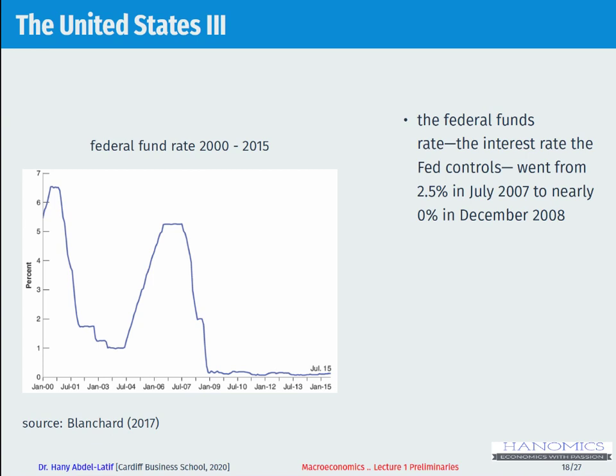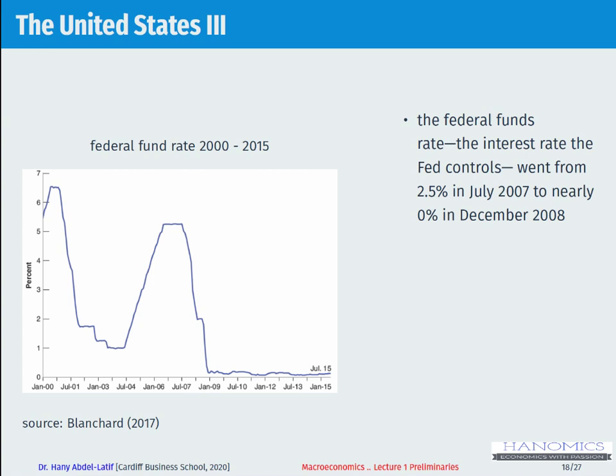You can see the interest rate was low. It became nearly 0% by December 2008. So they tried to boost the economy, to push it out of the recession by lowering the interest rate. And this is something we will learn about in this module, how the central bank implements monetary policy.